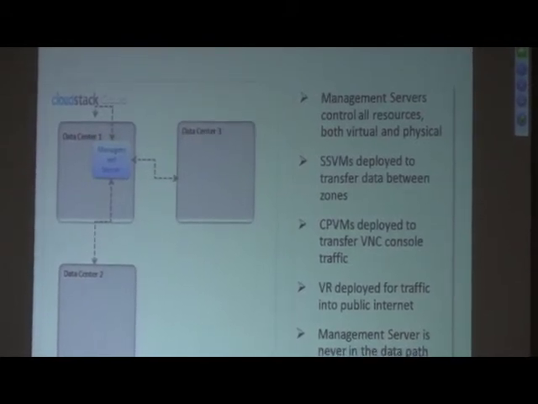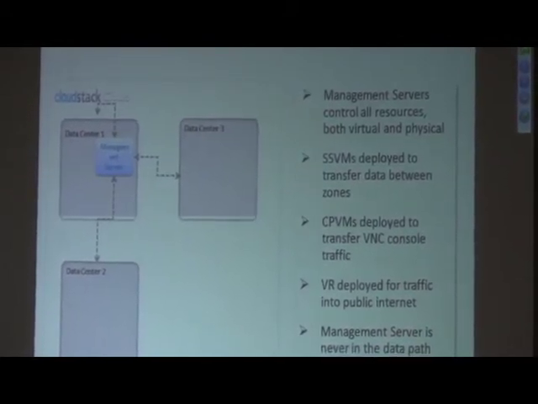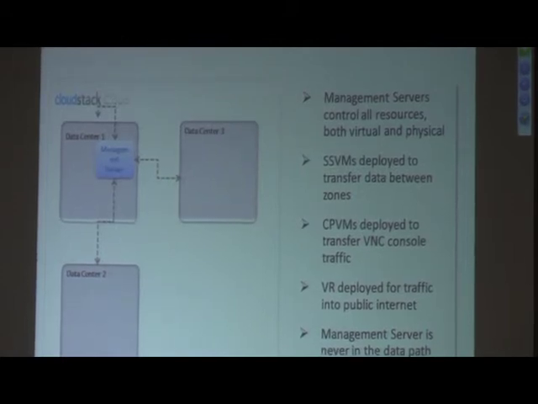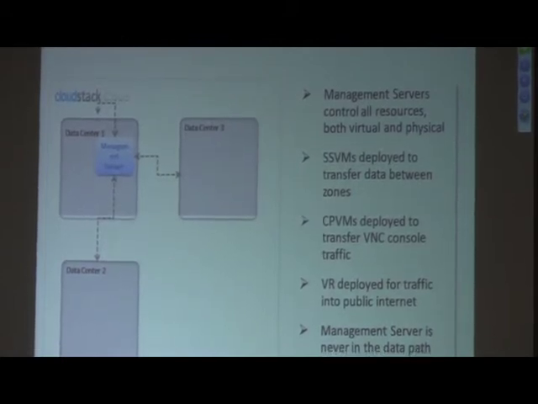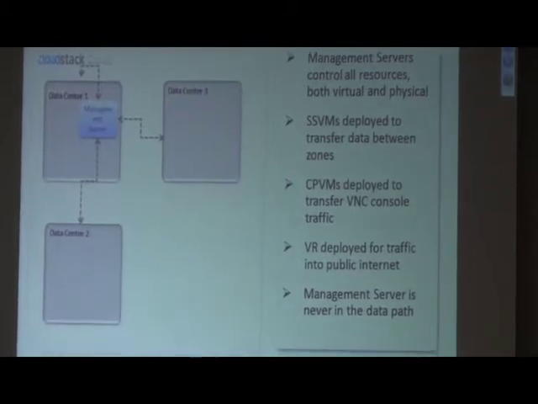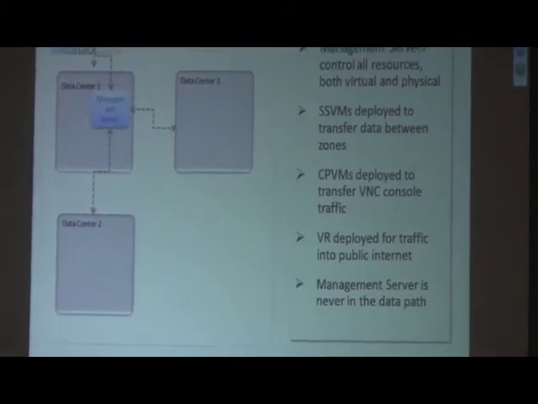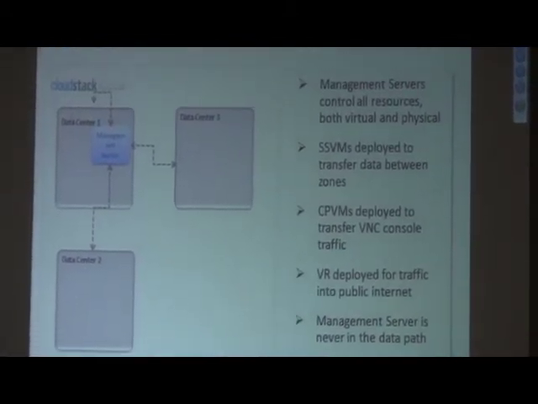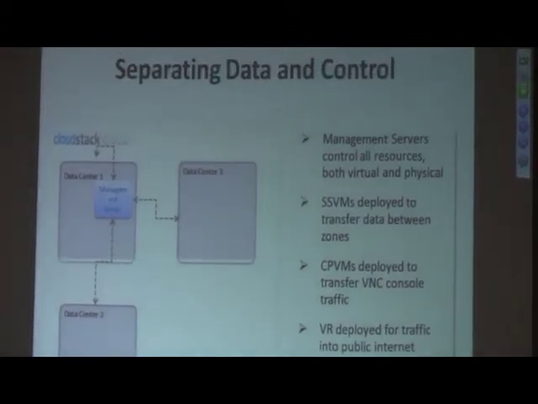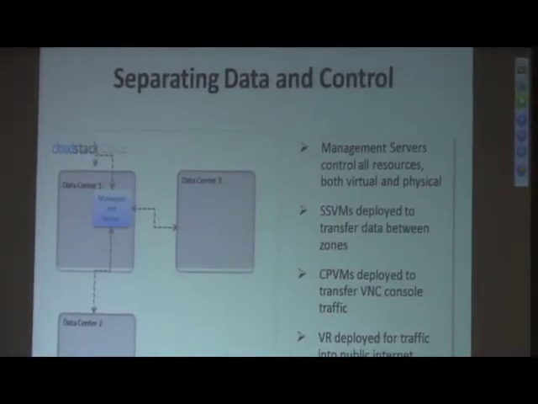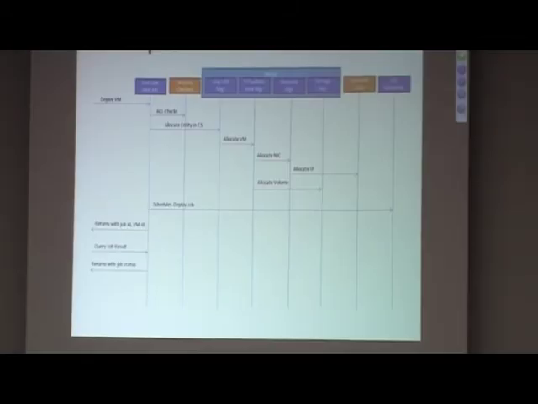And I brought this up a little bit earlier. It is very important for CloudStack to separate the data path and control path, because data paths in a data center are in general much higher bandwidth than control.